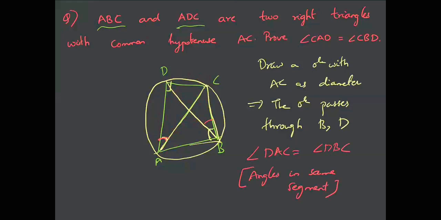Fine. So we have just drawn a circle with AC as diameter, and since these angles are 90 degrees, this will pass through both B and D. And once we have got the circle, then we use the theorem that angles in the same segment are equal.